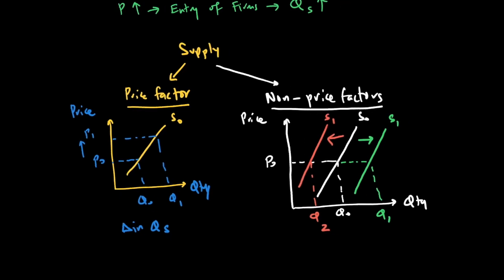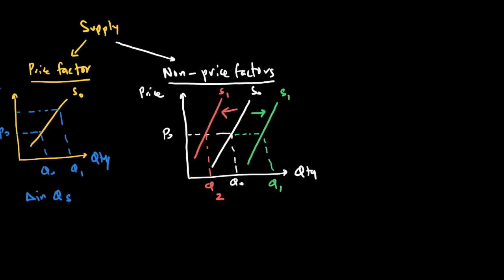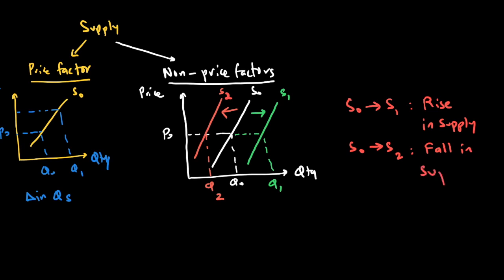So when we look at supply curve going from S0 to S1, we call it rise in supply, while when it goes from S0 to S2, we call it fall in supply.